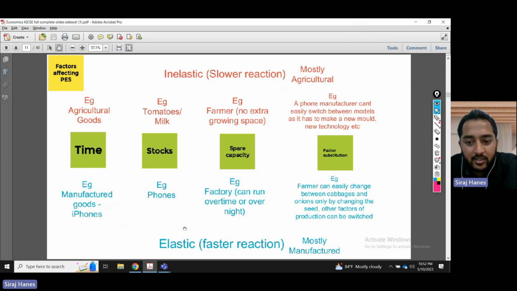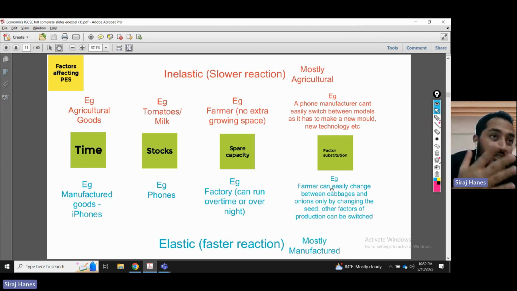Finally, factor substitution. In this case, the farmer, if you take tomatoes, or let's say something that grows on the ground, carrots, okay? What do you need to grow carrots? You need water, soil, sunlight, fertilizer, the seed, and farmers, tools.